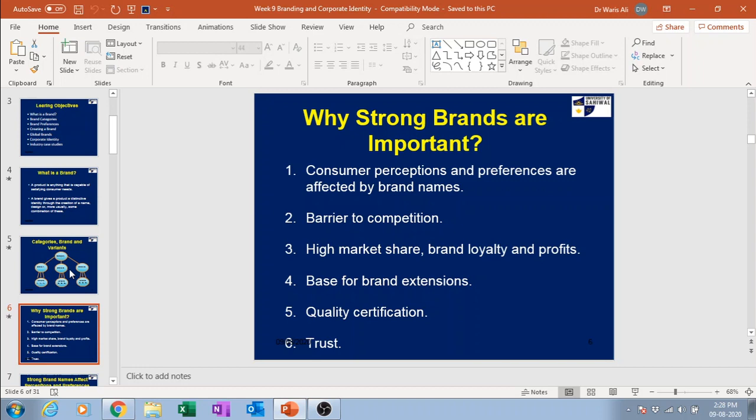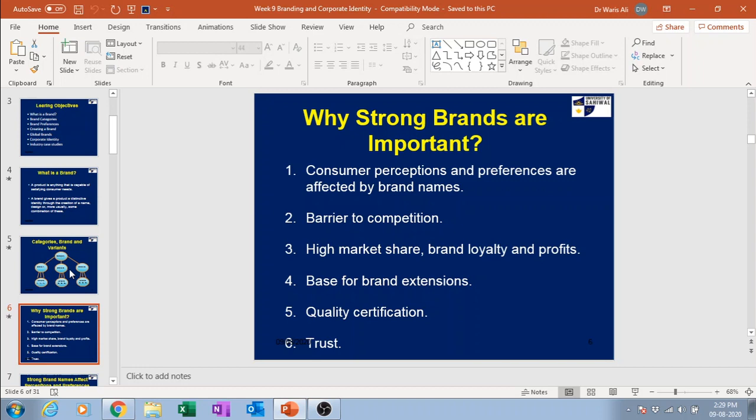For example, Apple. Apple is a brand. But when we think about Apple, Apple means quality, Apple means security. So that comes to our mind. So when we write Apple on a newly manufactured mobile phone, we will perceive that this mobile phone is secure and it's a quality mobile phone.